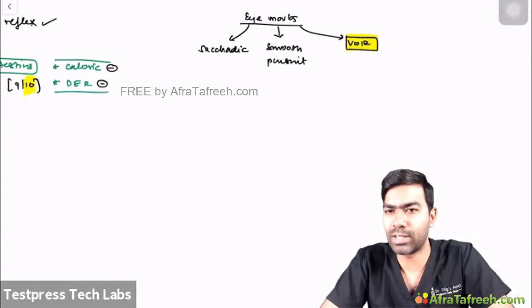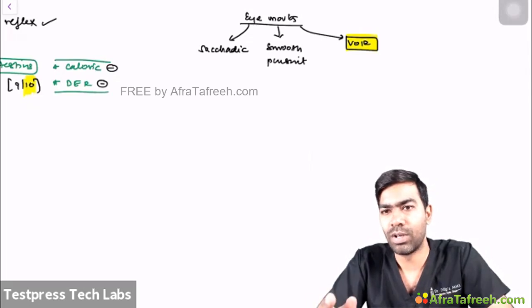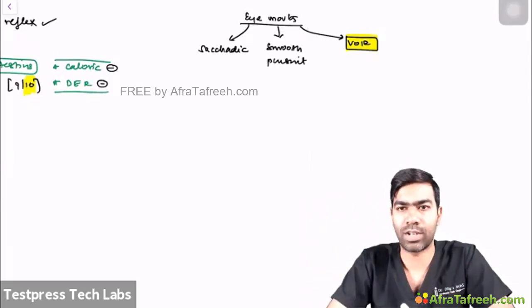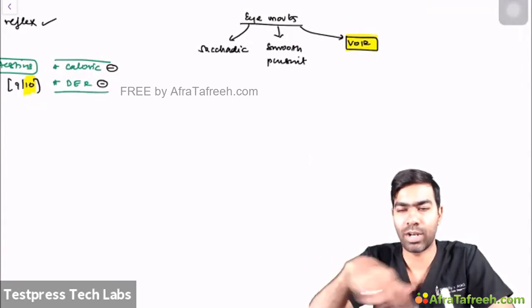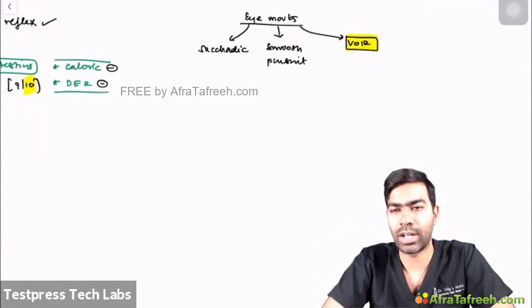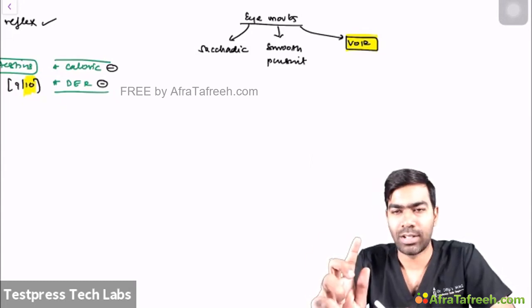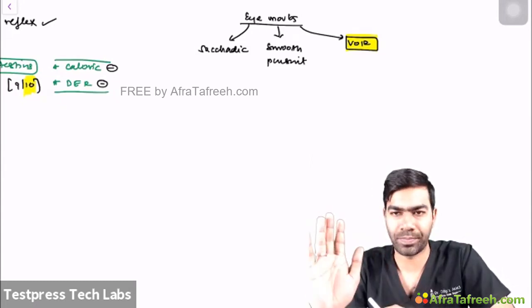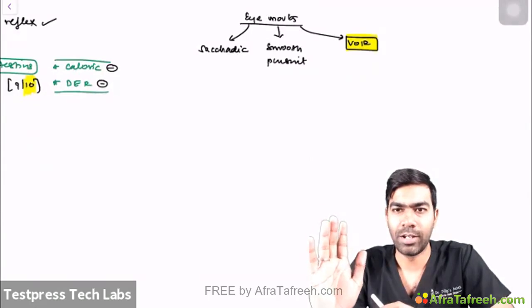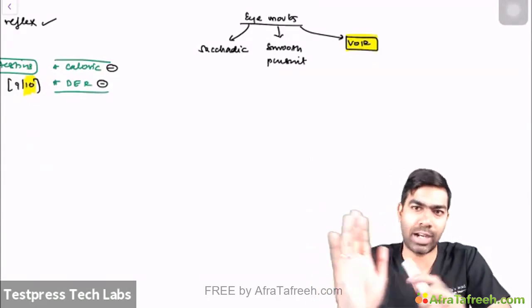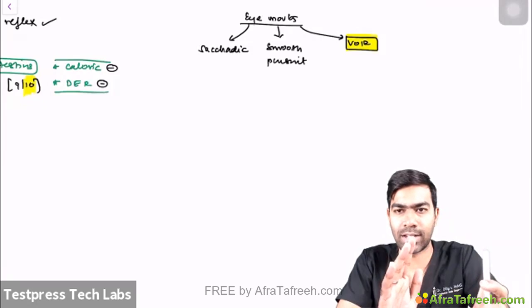And that is also the basis of nystagmus. Whenever you rotate your head very fast, for example, you're sitting in a rolling chair and they rotate you extremely fast, what really happens is, your head turns so fast that your eyeballs fall towards the direction of the head, but your vestibulo-ocular reflex will try to correct the eyeballs towards the other side.